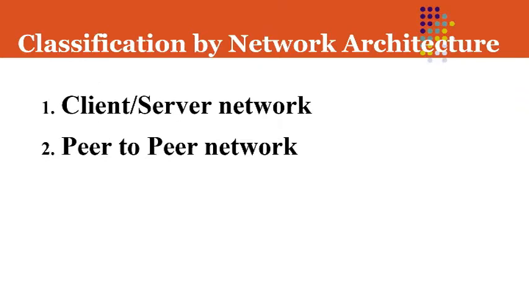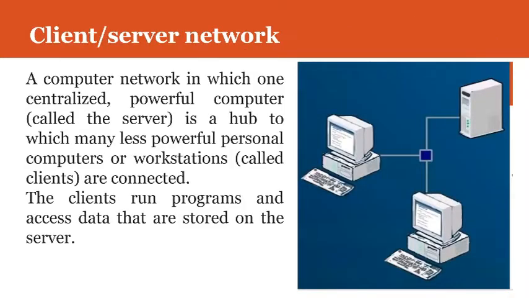Okay, classification by network architecture. We have the client-server network or the server base. And then we have also the peer-to-peer network. Client-server or the server base: a computer network in which one centralized, powerful computer called the server is a hub to which many less powerful personal computers or workstations called the clients are connected.